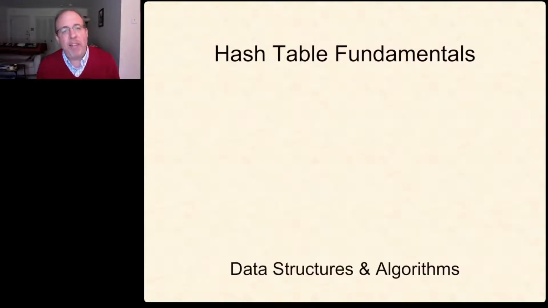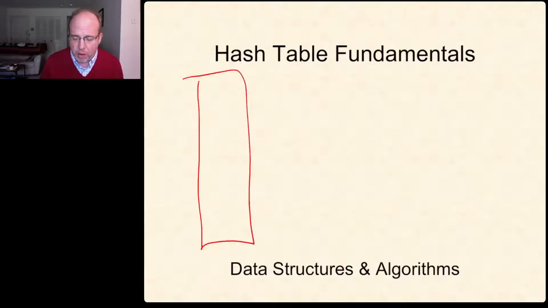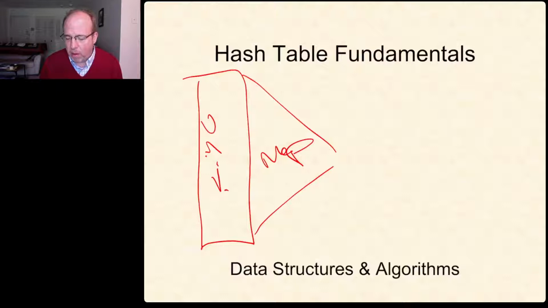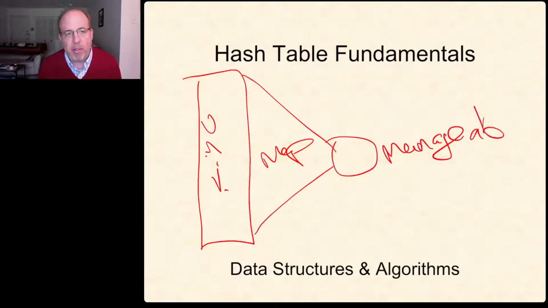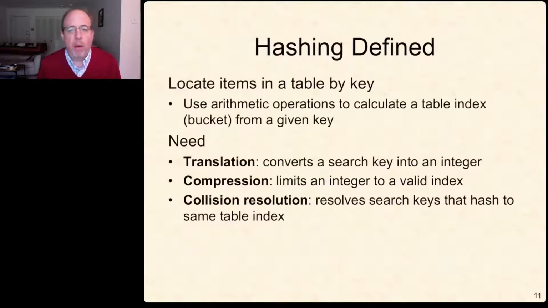So hash tables to the rescue. And the idea is that a hash table takes a very large universe of entries and maps it into a smaller, manageable set of entries that's much faster and easier to look up. Okay, so the idea is we have this table.